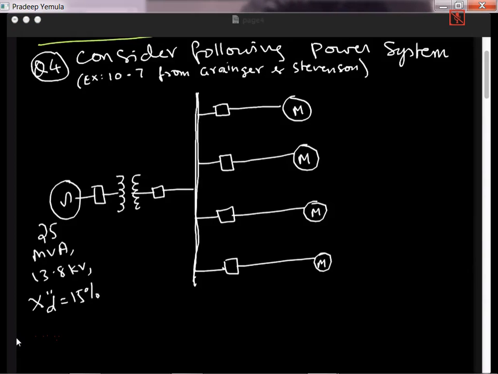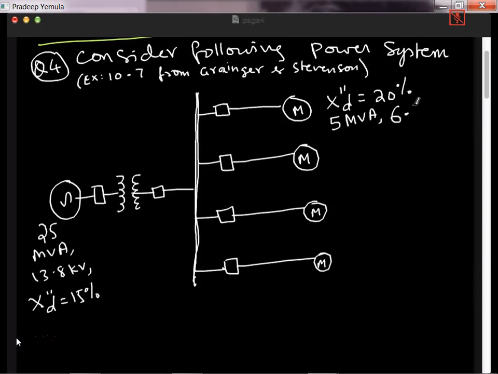Then what else? It is connected through a transformer to a bus which supplies 4 identical motors as shown in the figure. The subtransient reactance of each motor is 20% on the base of 5 MVA. So X"d is 20% on 5 MVA. But the voltage rating for these motors is 6.9 kV.